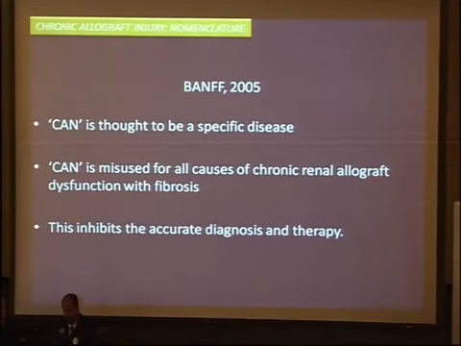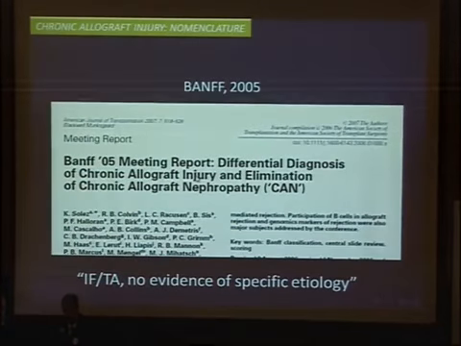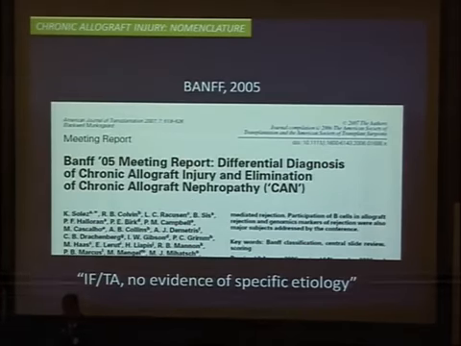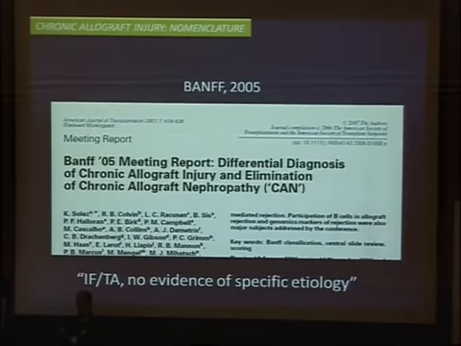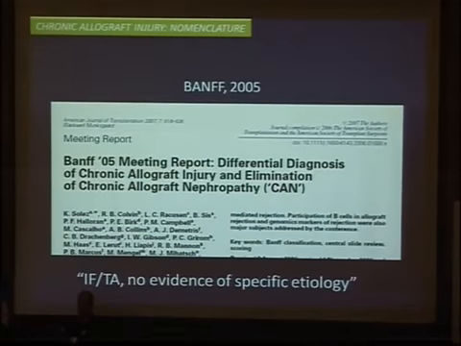That's why they realized that the use of CAN inhibited active diagnosis and therapy for chronic allograft function loss, and the group itself eliminated the use of chronic allograft nephropathy and persuaded us to try to find the exact reason for this chronic loss. And in case we don't find any reason for this deterioration, and we have some chronic changes in pathology, then the term interstitial fibrosis and tubular atrophy, without evidence of specific etiology, is to be used.